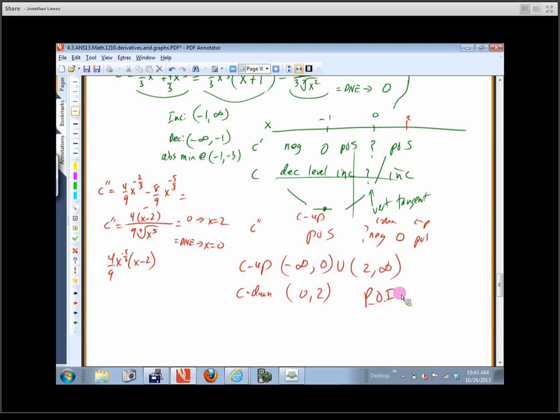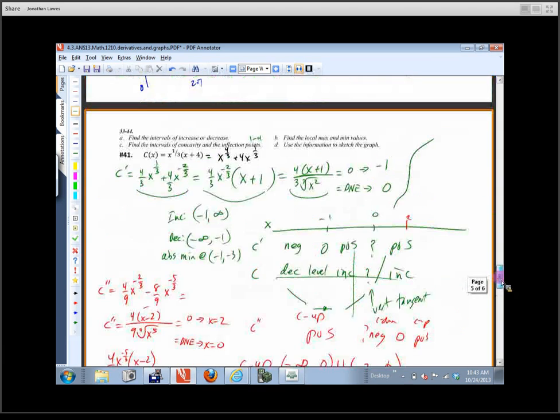So actual points of inflection: 0 comma something and 2 comma something. And we could plug those in. What would it be for 0? Look at the original function. It's going to be 0. And if you plug in a 2, that's going to be the cube root of 2 times 6. So 6 cube root of 2.